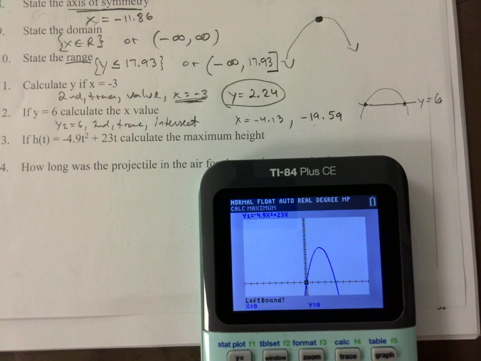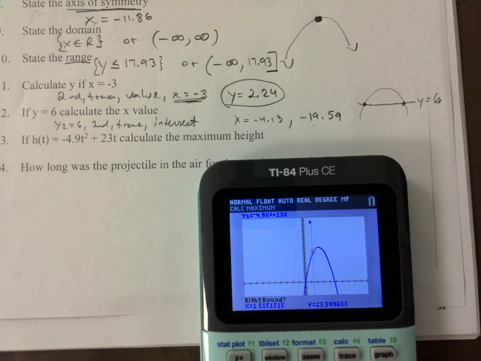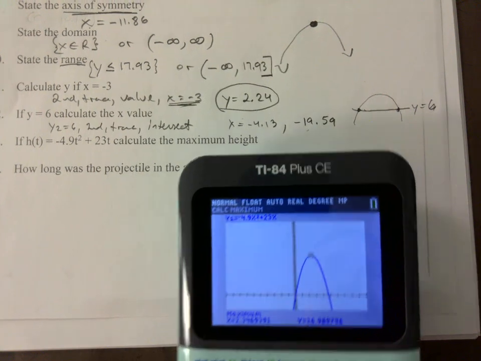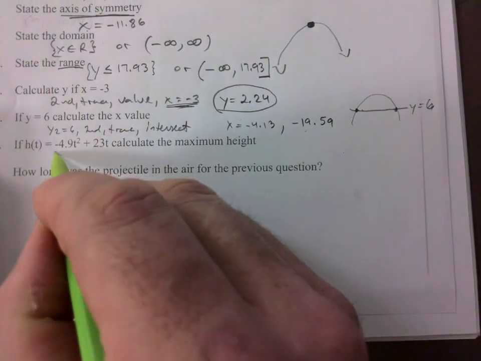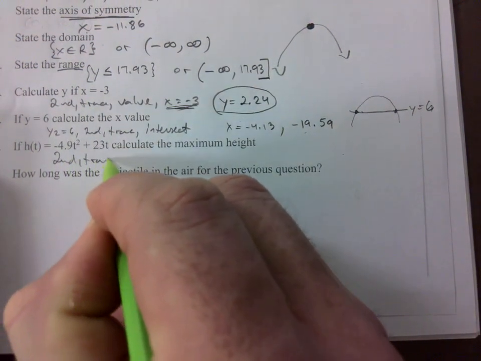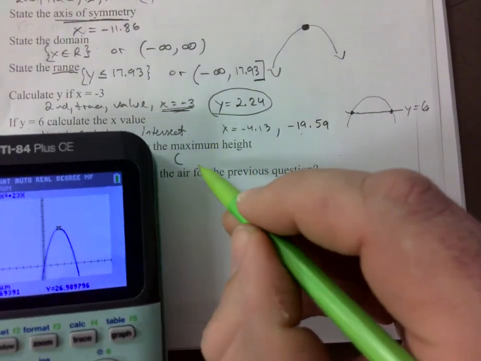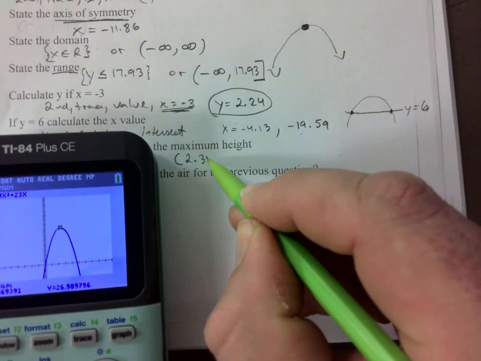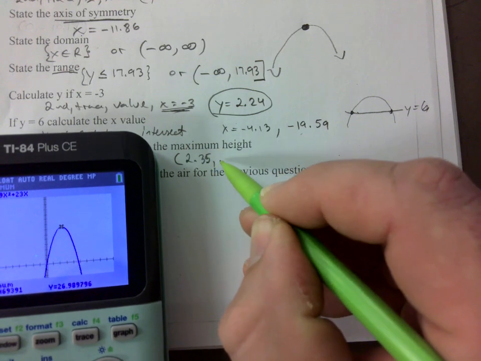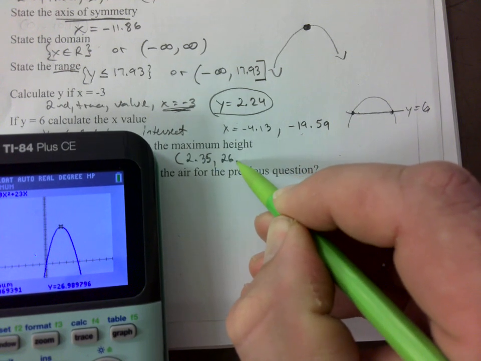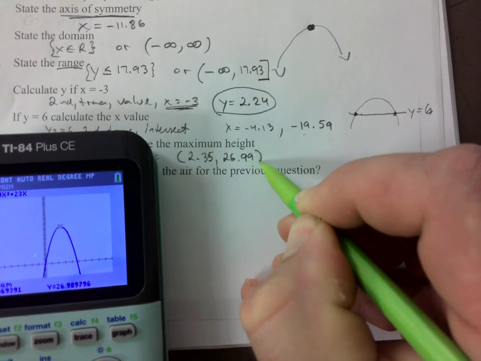We're talking a word problem here, right? Maximum height. It's not just a random y value. Enter, enter, enter, right? There's your vertex. I'll go second trace, max, then I'll write down the coordinates of the vertex. 35 if you round it. 26.99 if you round that.